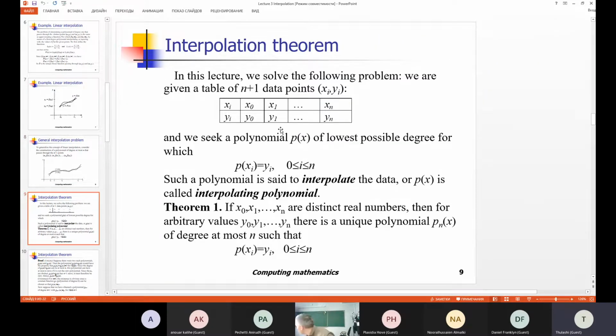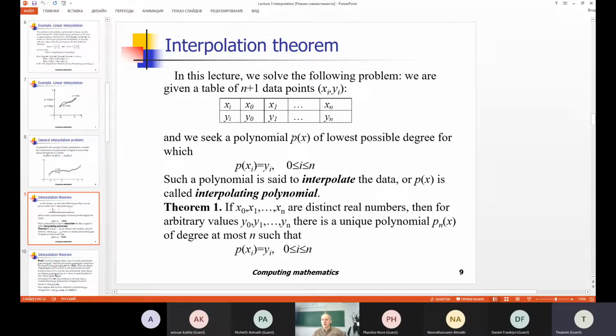So actually I can say that we have a table of n plus 1 data points, xi, yi. So these points are x0, y0, x1, y1, and so on, xn, yn.